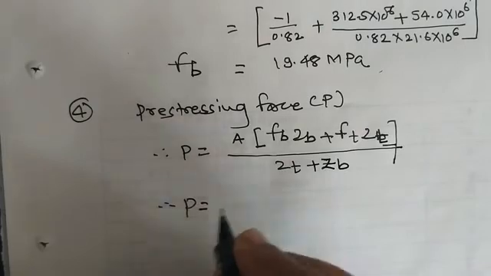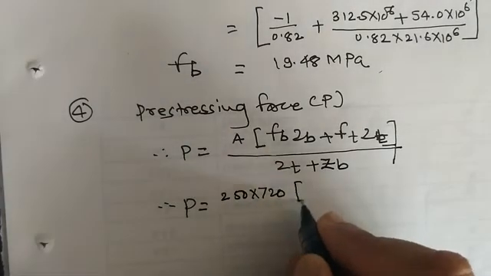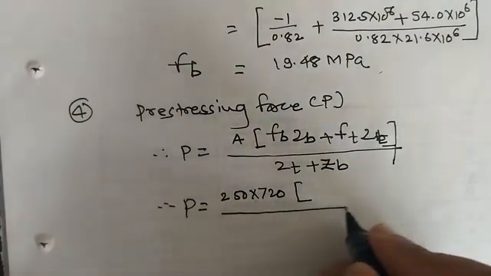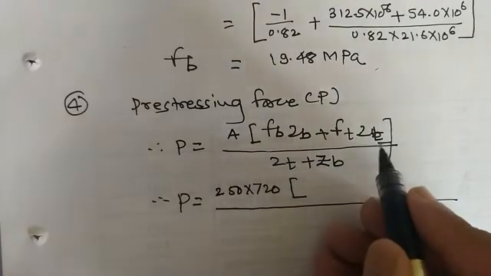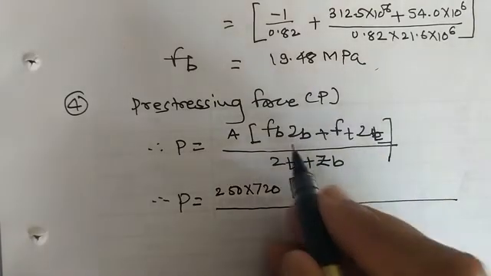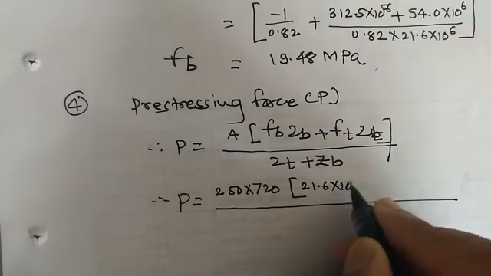So 250 into 720, the actual dimensions of concrete. Z bottom and Z top are the same, so you put the common 21.6 into 10 raised to 6.